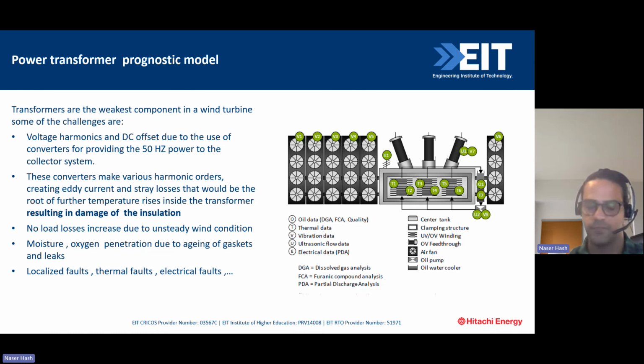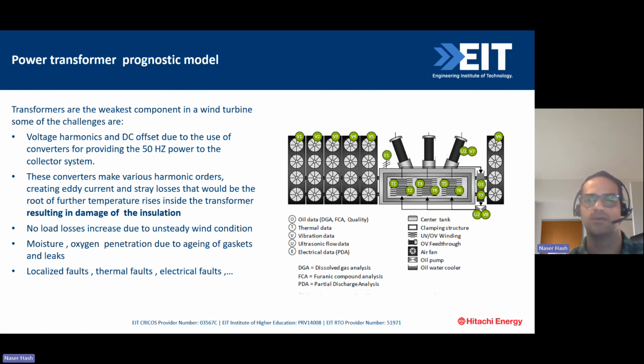But most of the failures that may happen for the transformers in wind turbines are insulation degradation, because of the humidity from the ocean, the salt, leaks, and corrosion.